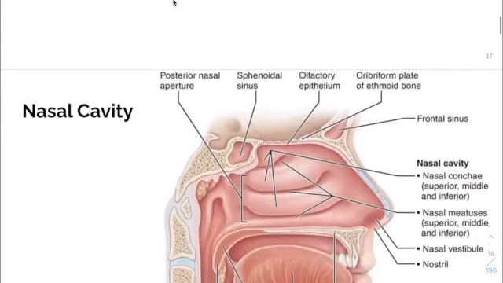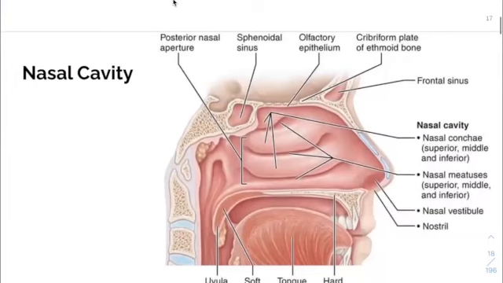So here is a side view from inside the nose. We have our frontal sinus, our sphenoidal sinus. You can see the nostrils and the nasal vestibule.